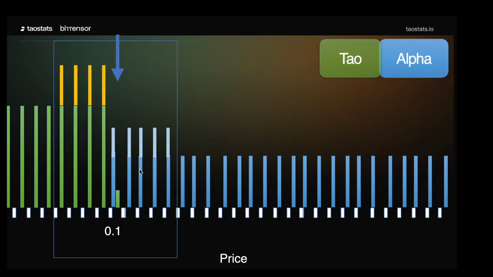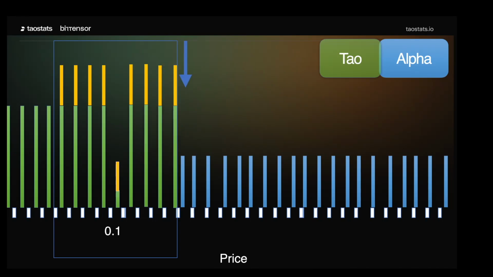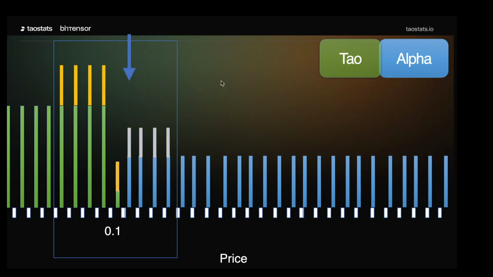And so that means whenever there's a purchase, your Tau or your Alpha gets turned into Tau. And as the price continues to go up, your Alpha gets turned into Tau. If people start selling Alpha back to Tau, that will turn back, and all of that Tau turns back into Alpha.